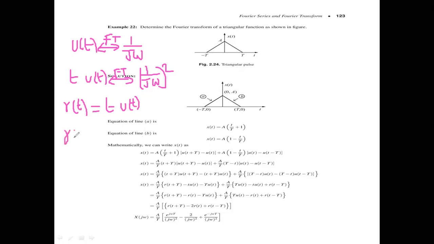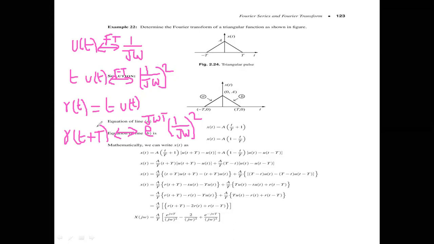For r of t plus capital T, the Fourier transformation is e power j omega T times 1 by j omega whole square. So I got the time shift property. The time is shifted; r of t is t into mu of t, with Fourier transformation 1 by j omega whole square.